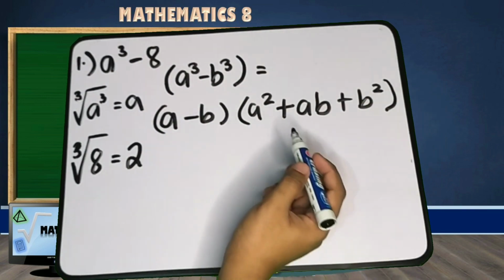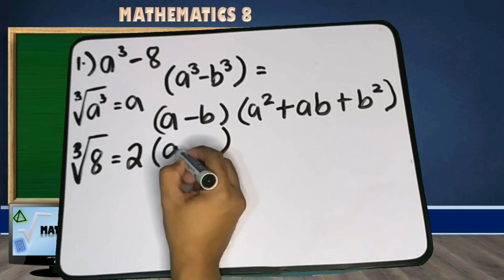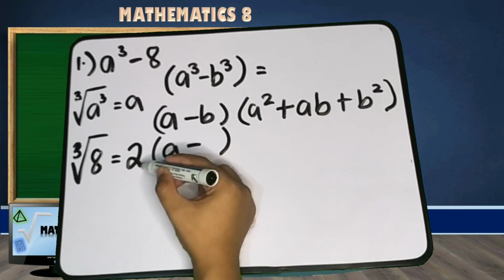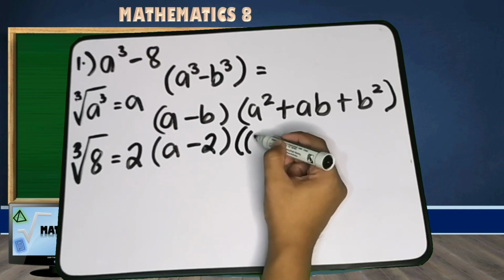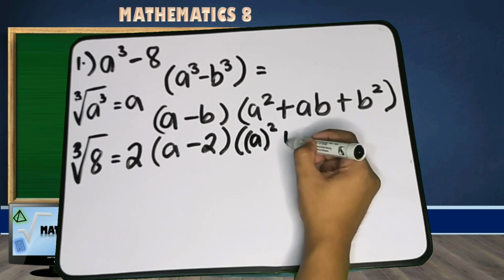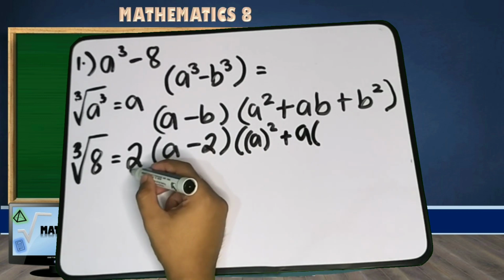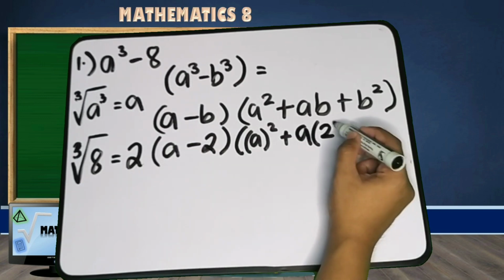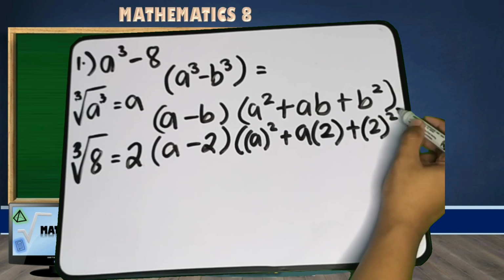Okay? So by substitution, the value of a is a, minus value of b is 2. Then a squared, plus a times the value of b, 2, plus 2 squared.